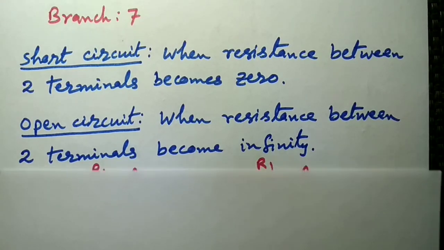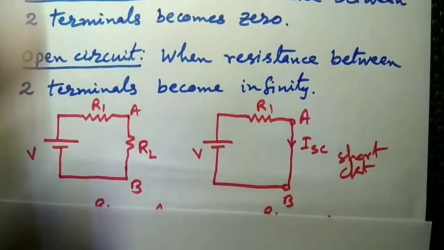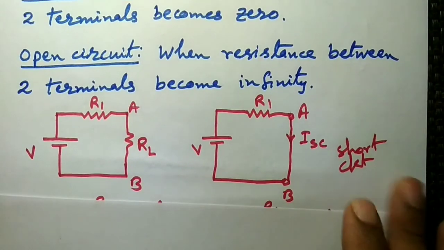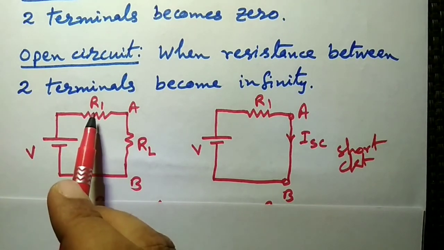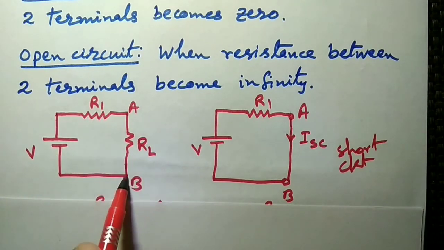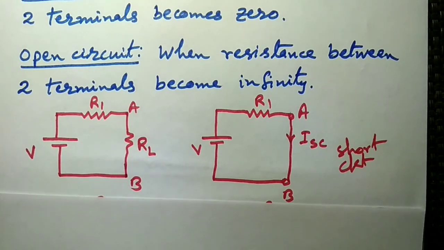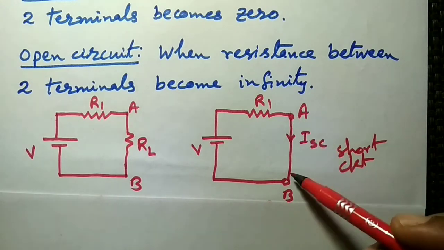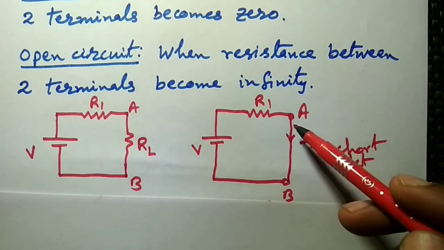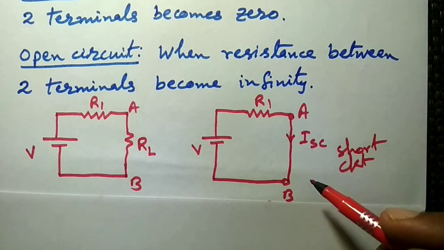Let's have an example. Suppose in this given circuit, I have drawn a simple circuit with a voltage source V. R1 is the resistance and RL is the load resistance. A and B are the load terminals. According to the condition, we have to short circuit the load terminals, that is terminals A and B. Then we will simply remove the load resistance from the circuit and join terminals A and B using wires, because wires have zero resistance.